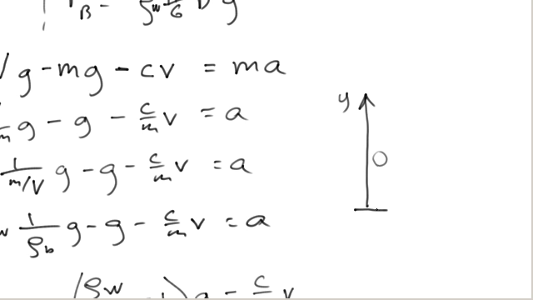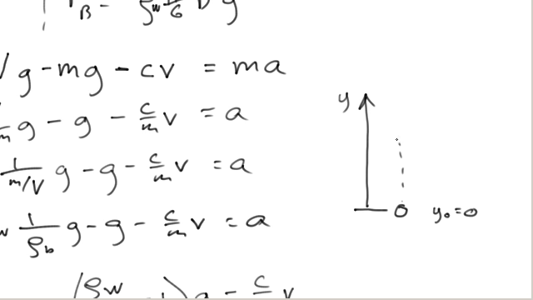The ball starts out, y0 is equal to 0. So the ball goes up that way. I'll indicate that with the dashed line there.